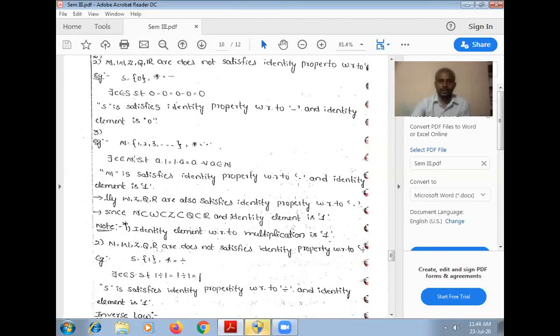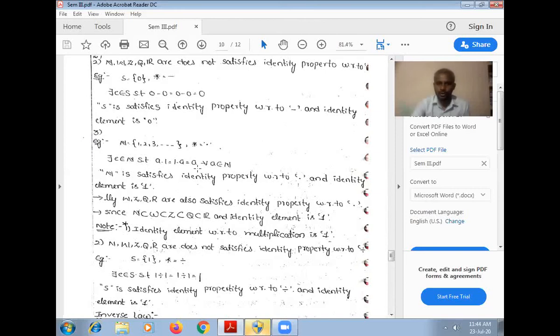Then there exists E belongs to N such that A dot 1 equal to 1 dot A equal to A for all A belongs to N. If we multiply every element of N with 1, we get the same element again. So in place of E we have 1, and 1 is a natural number, so 1 belongs to N. So 2 into 1 equal to 2, equal to 1 into 2.